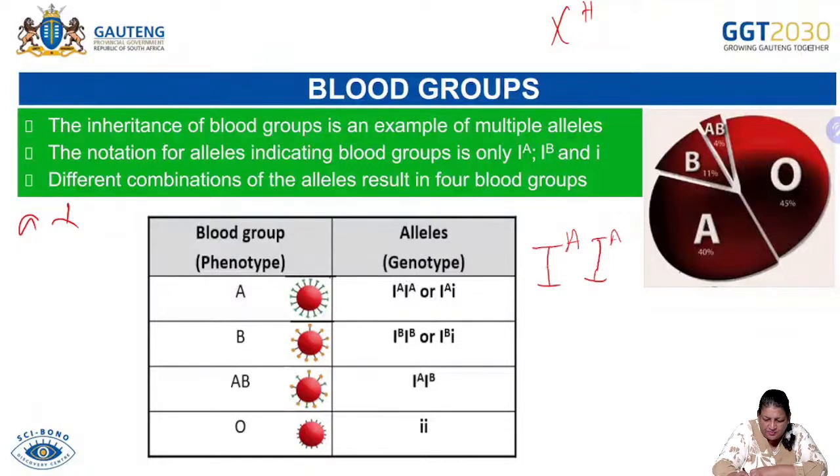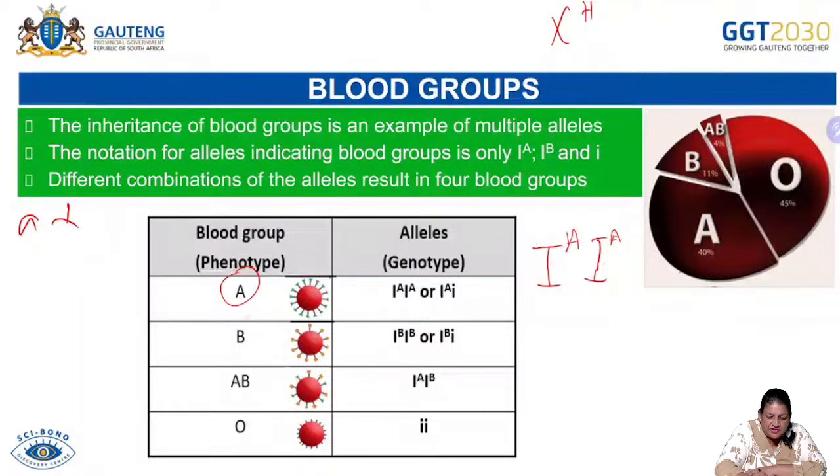So one dominant allele from one parent, another dominant allele from the other parent. And because he's blood group A, we say both of the parents have the same blood group. So he has the same blood group as his parents. That means he is homozygous for blood group A.